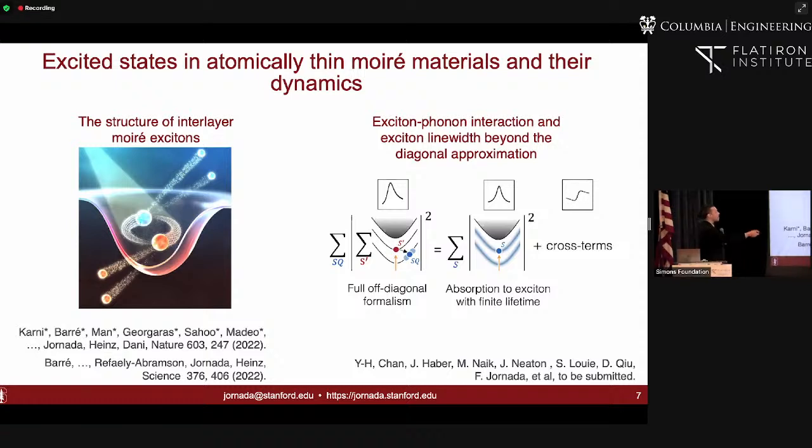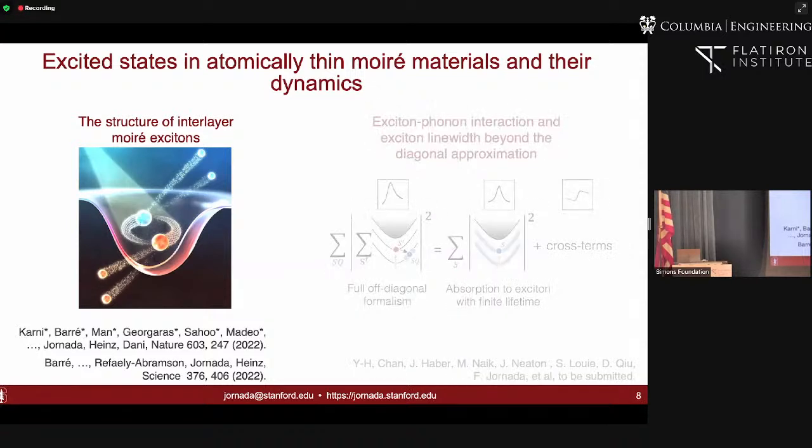And then I'll tell a little bit about how those excitons behave in terms of their dynamical properties and how we can understand the line width and the coherence of those excitations also from first principles. And what are some important effects that have been neglected before involving basically multi-band physics of those lifetimes. So I'll first go to this first part of my talk and tell a little bit how we can think about excitons in those twisted systems.